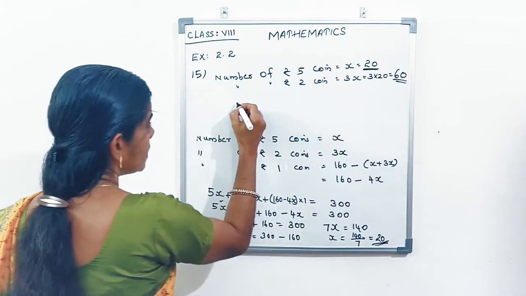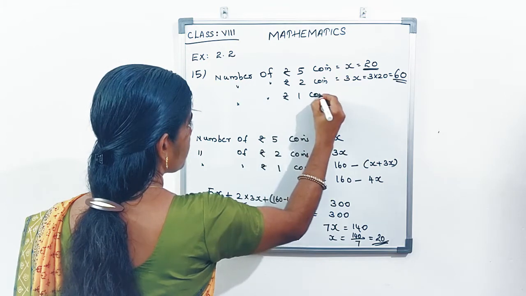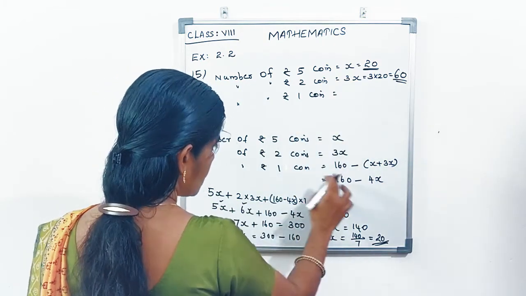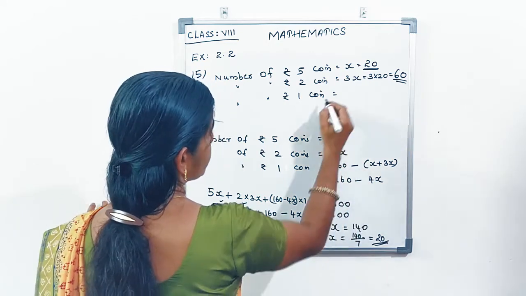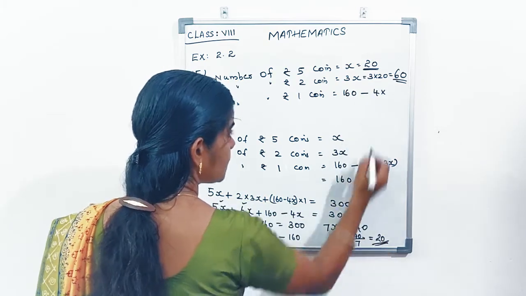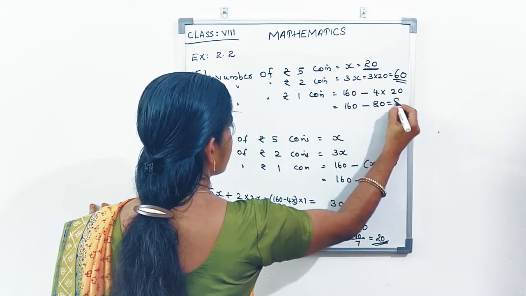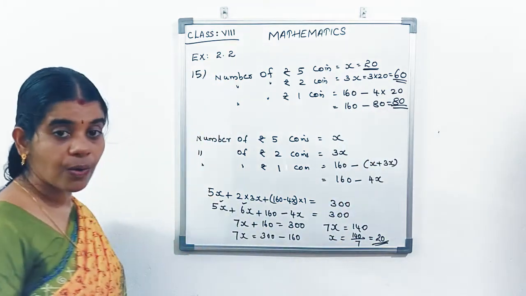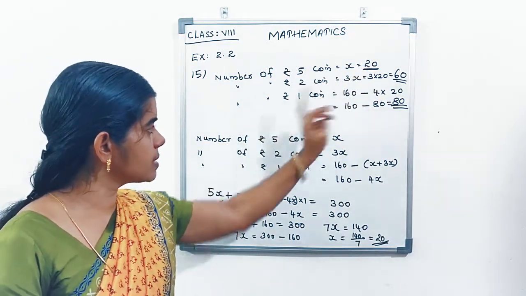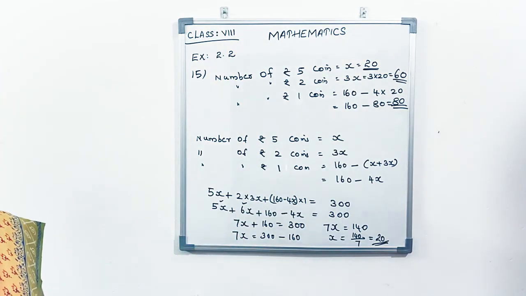Then the number of 1 rupee coins is 160 minus 4x, that is 160 minus 4 into 20, that is 160 minus 80, that is 80 itself. Therefore, you got all the denominations: 5 rupee coins 20, 2 rupee coins 60, 1 rupee coins 80. Then we can check whether our answer is correct or not.